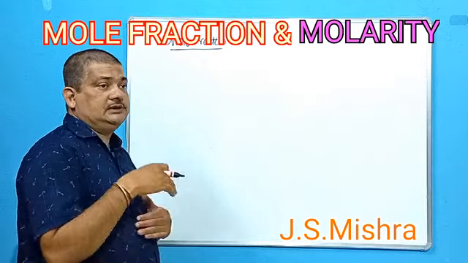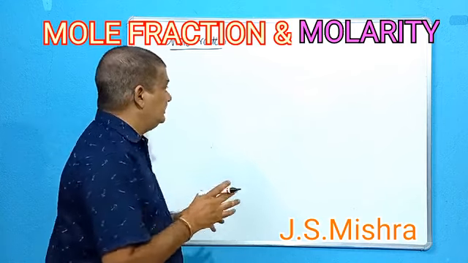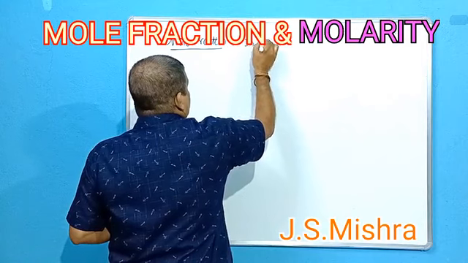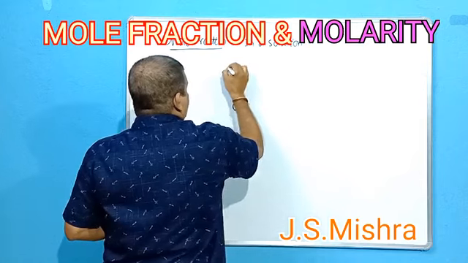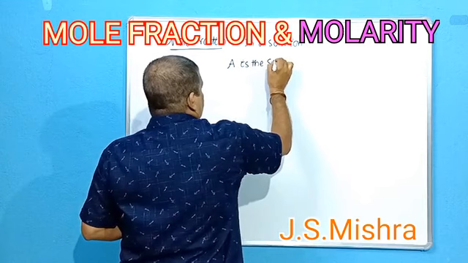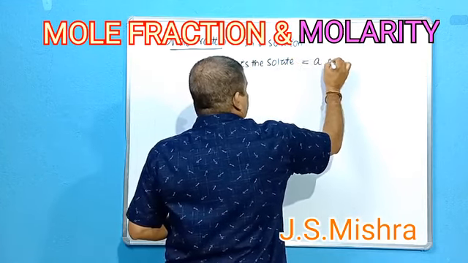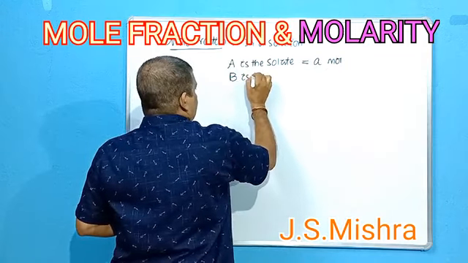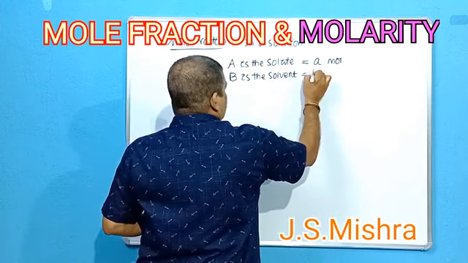You know the solution contains different components, at least solute and solvent. Suppose in a solution, A is the solute containing A moles, B is the solvent containing B moles.